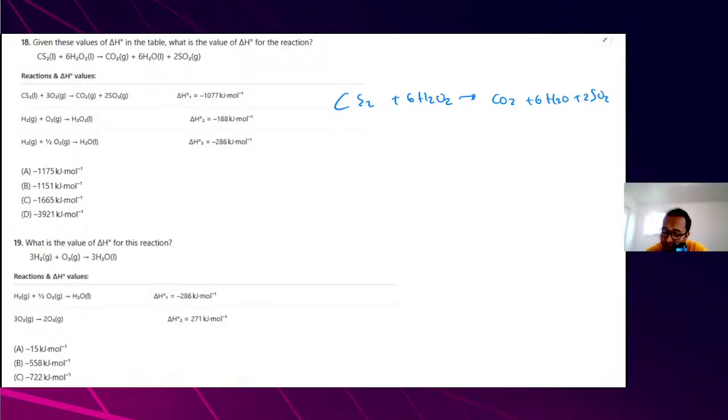Okay, so now let's take a look at which compound is unique to each reaction. CS2, CS2. So I believe CS2 should be from the first reaction, right? The same one. CO2, CO2, 2SO2. And then for the second reaction, which one is unique?